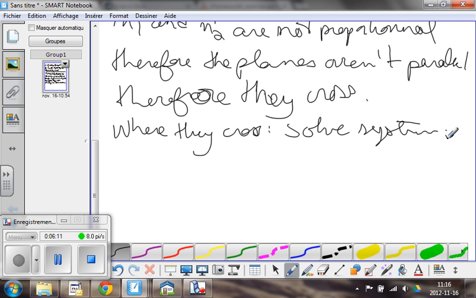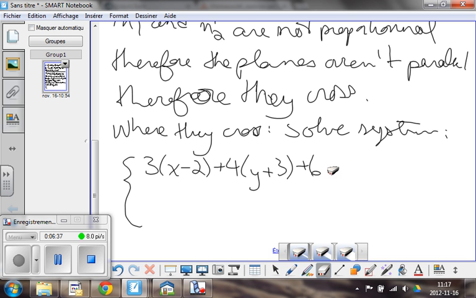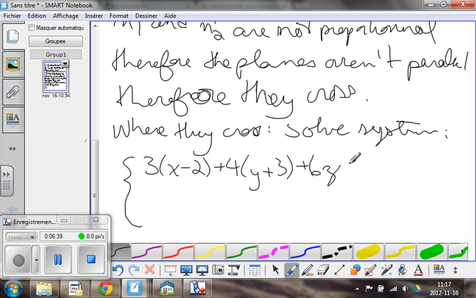Solve the system. Presumably, some people have copied that down. Can you repeat the equations? The first one: 3 times (x minus 2) plus 4 times (y plus 3) plus 6z is equal to 0.